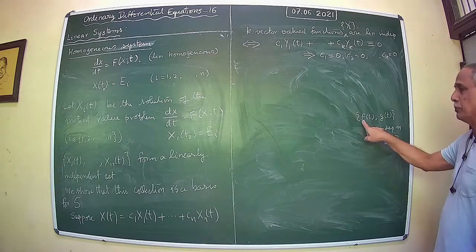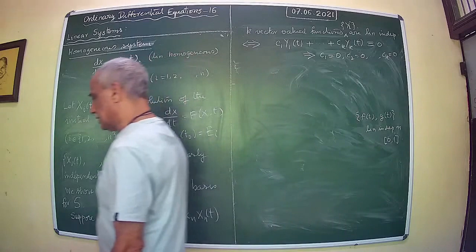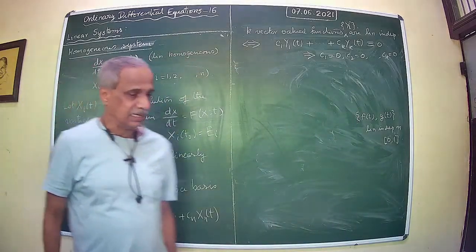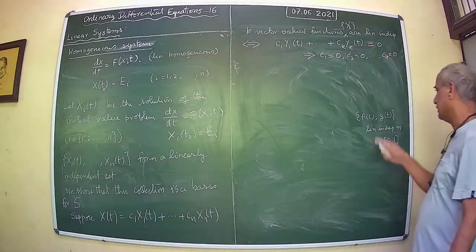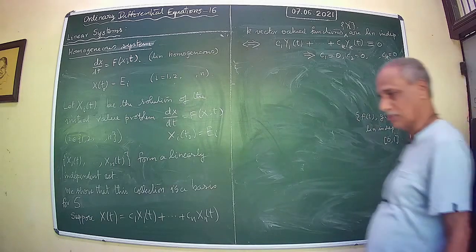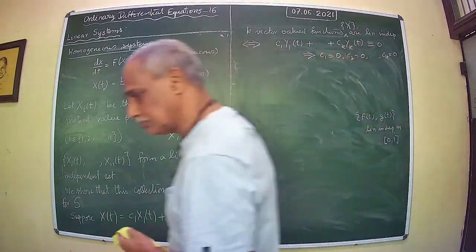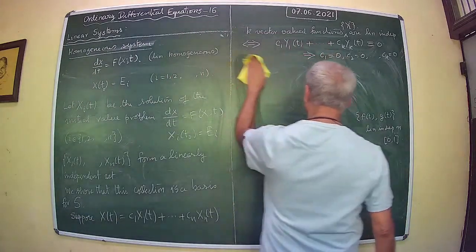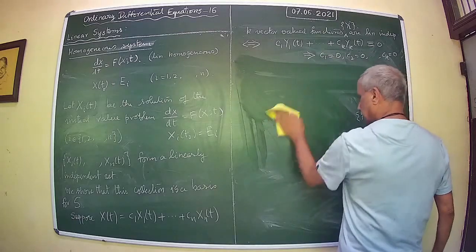One of them cannot be obtained as a scalar multiple of the other. In other words, if a scalar combination of these two functions vanishes for all t, then c1 has to be 0, c2 has to be 0. Then you say it is linearly independent. So this is the definition of linear independence.